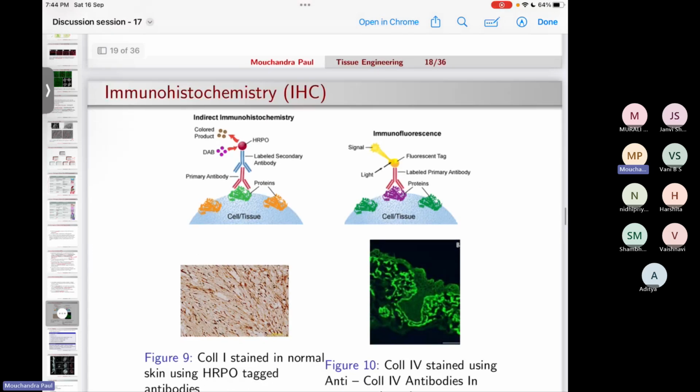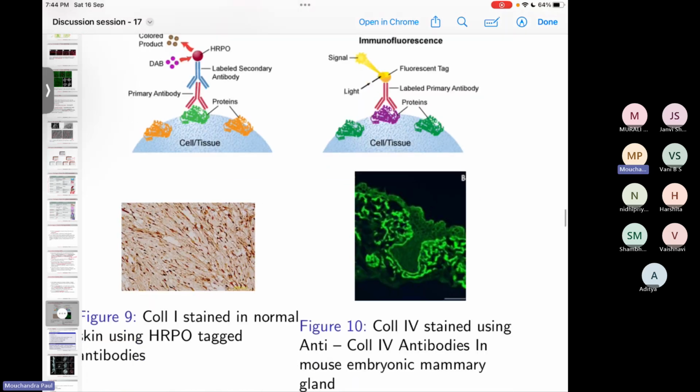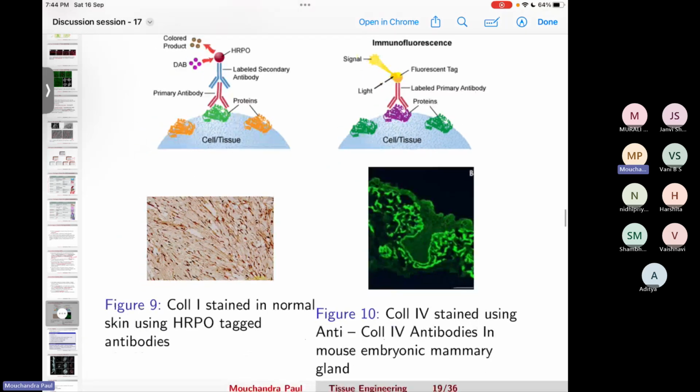So this is the image of what I have just explained in the previous two slides. This is your, say, tissue or cell sample, and you want to specifically visualize whether a particular type of protein is synthesized by the cell or not, or is present in the tissue or not. So here in image 9, people are trying to understand whether collagen type 1 is present or not.